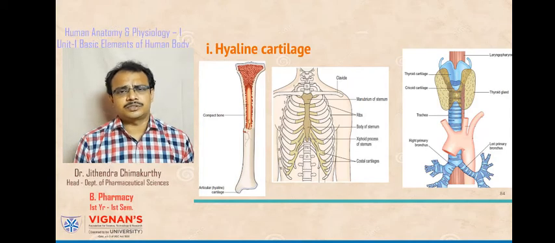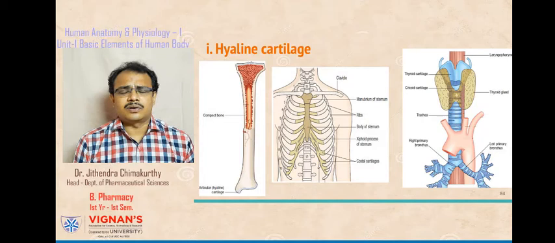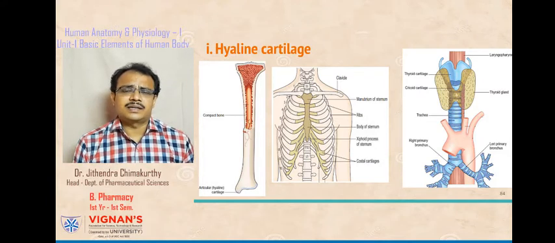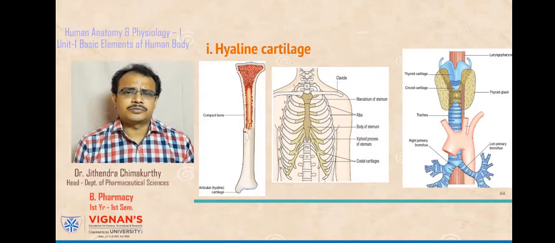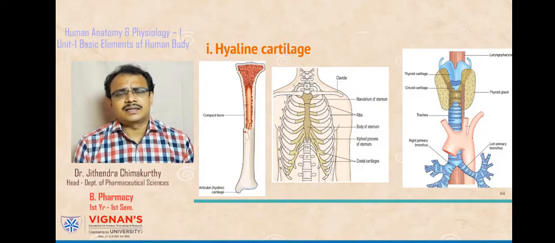When coming to the distribution of this hyaline cartilage, it is present in regions such as the ends of long bones which form joints, and also in regions where the ribs are attached to the sternum. They also form the cartilages of larynx, trachea.